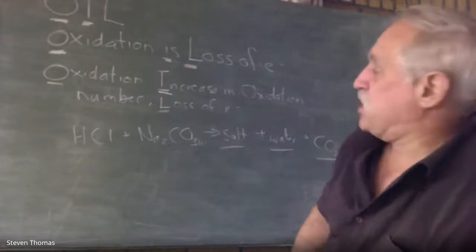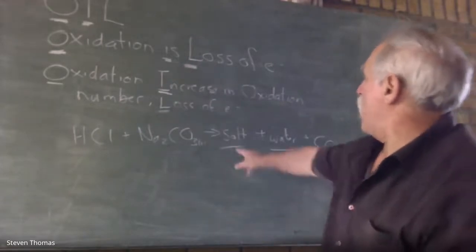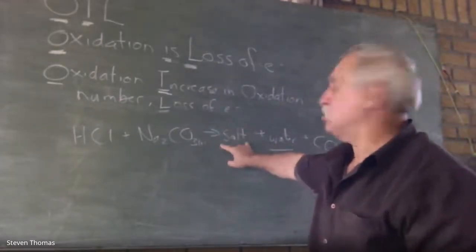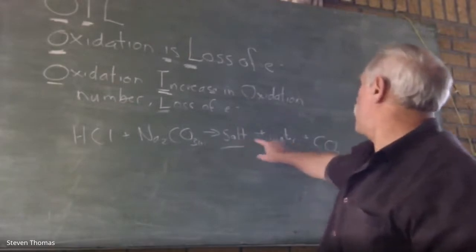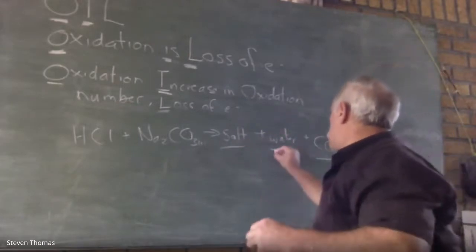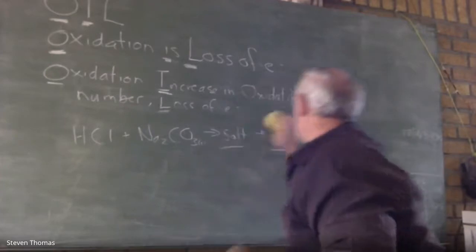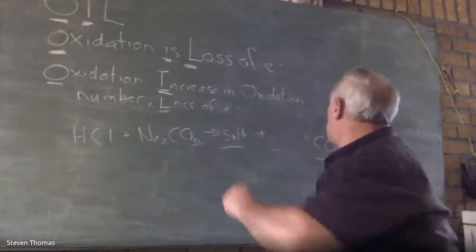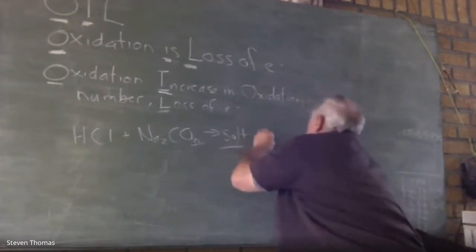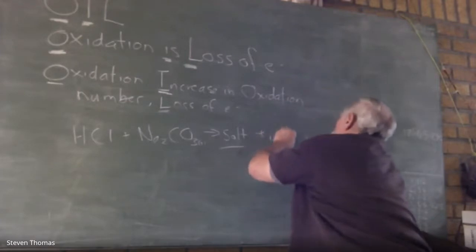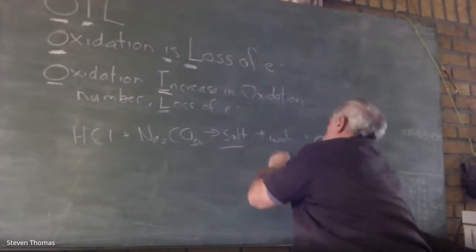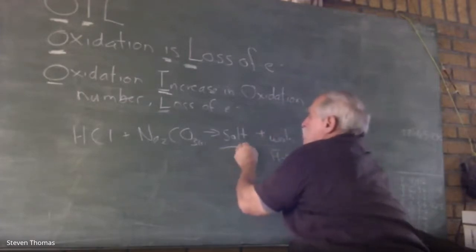Any teacher would do their nut to have such geniuses. Work out which salt, and water, H2O. Let's write the salt and the water. So H2O, but what is the salt?